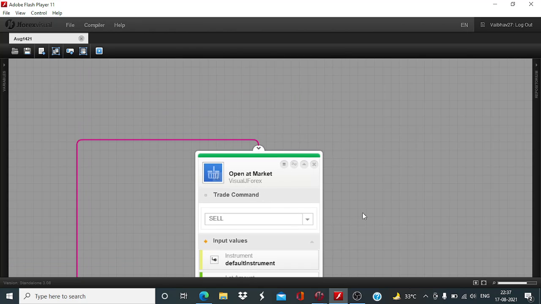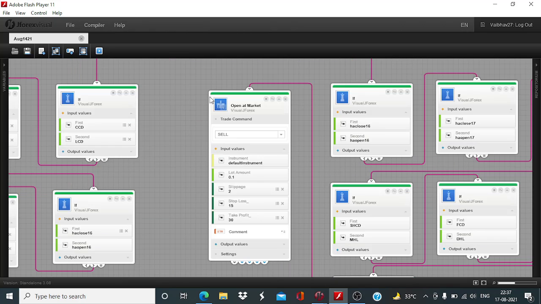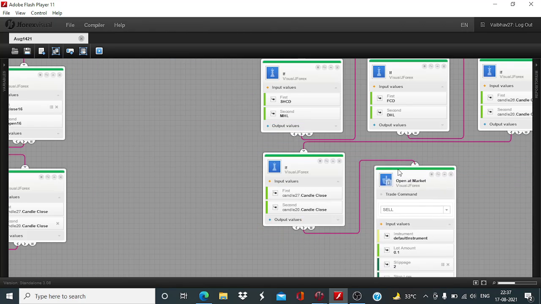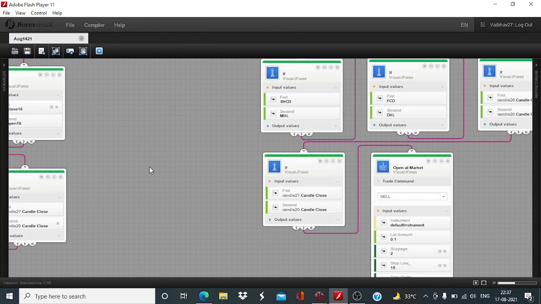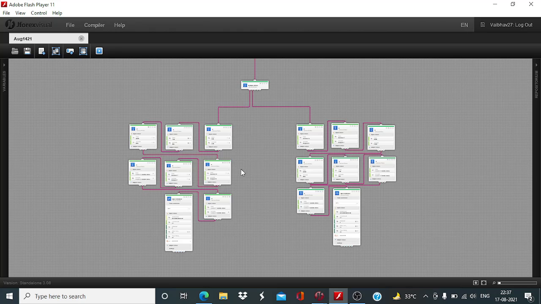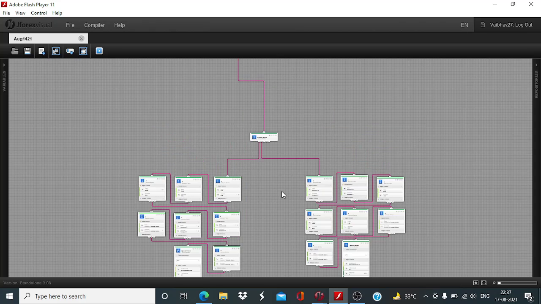So with this, our setup is complete. And as you can observe, it is symmetric. The same number of blocks have been used to define the sell side as was the case for the buy side.